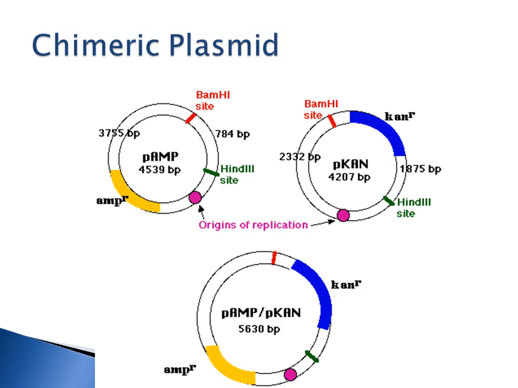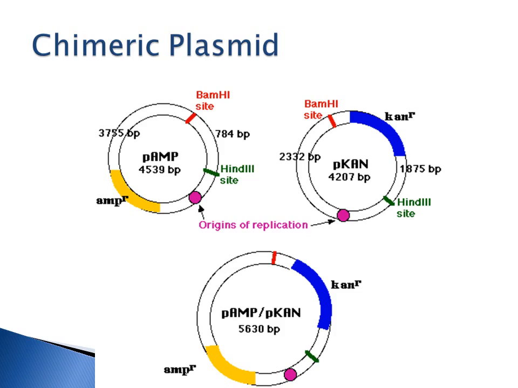If you cut the plasmid with the ampicillin resistance gene with the BamHI and HindIII enzymes, you will remove a 784 base pair fragment from that plasmid. If you cut your plasmid that has the kanamycin resistance gene, and that plasmid is a total length of 4,207 base pairs, also with BamHI and HindIII, you are going to remove a 1,875 base pair piece of DNA containing the kanamycin resistance gene.